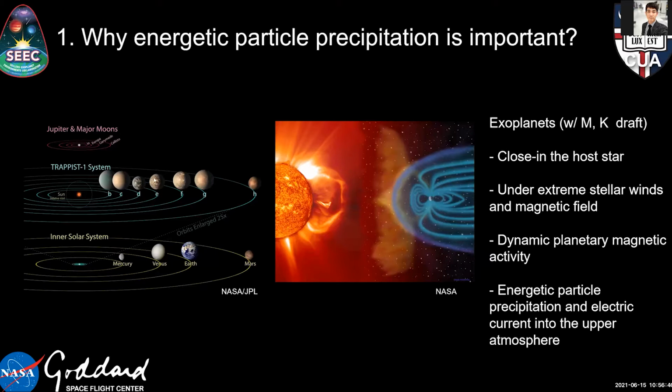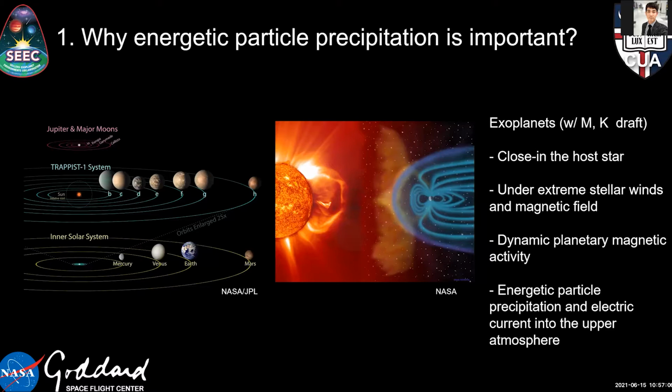Every planet's orbit is within Mercury's orbit. In such a condition, the planet is under extreme stellar wind and interstellar magnetic field. This can drive extreme magnetic activity in the magnetosphere and ionosphere of planets.